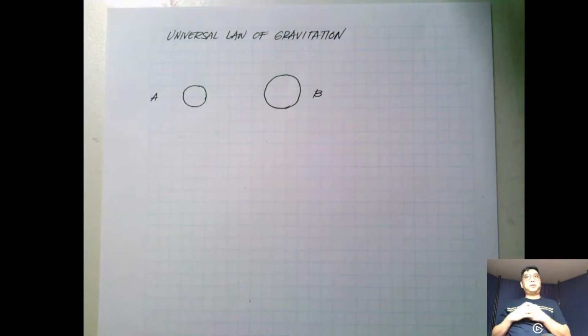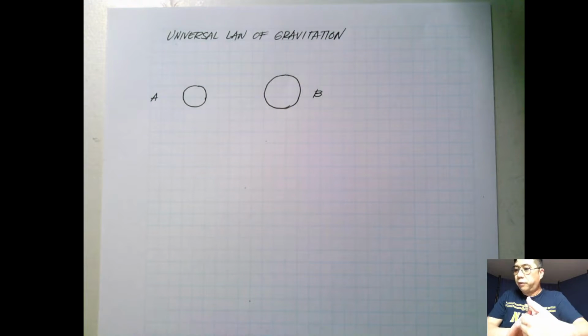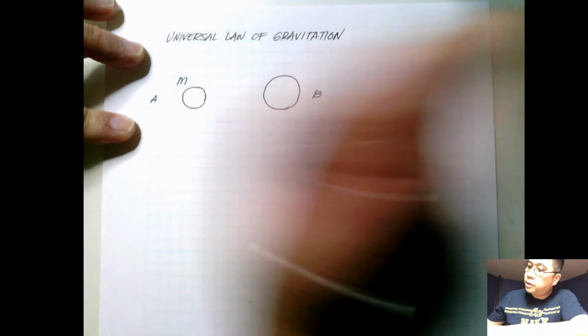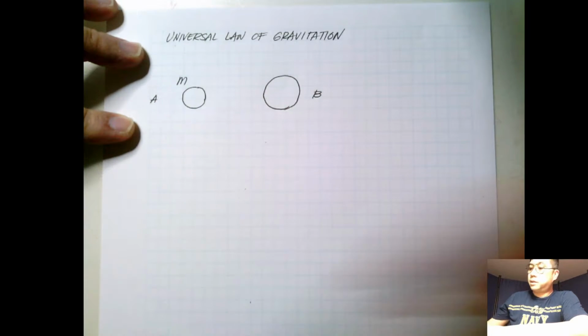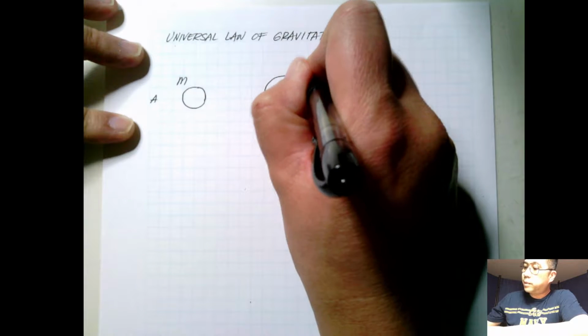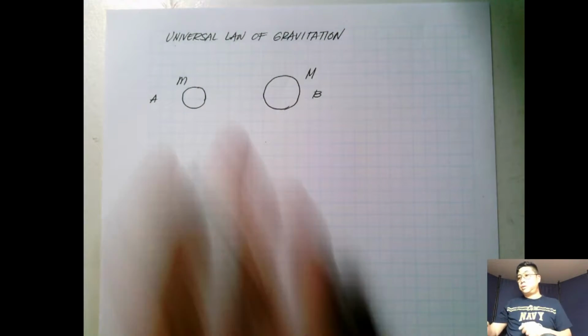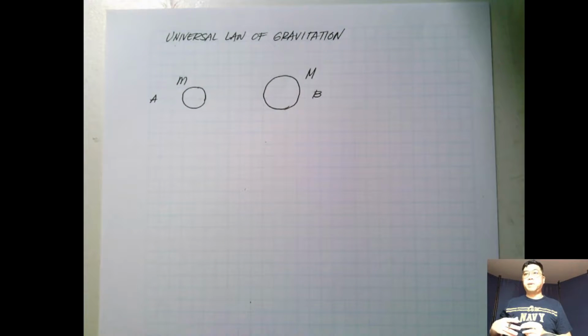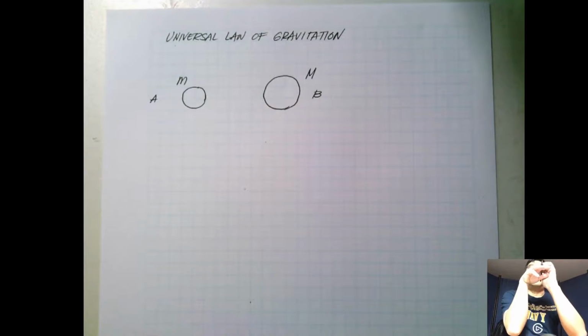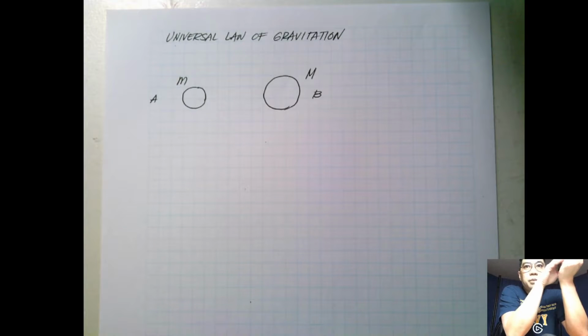Objects in the universe, according to the definition of matter, possess mass. So let's call this mass 1 and this one mass 2. Usually I would use lowercase m to represent a smaller mass and uppercase M to represent a bigger mass.